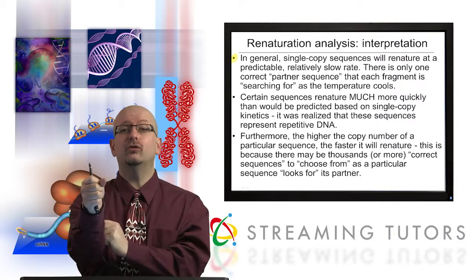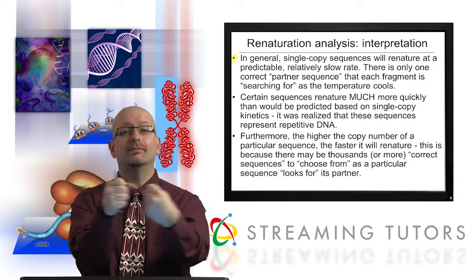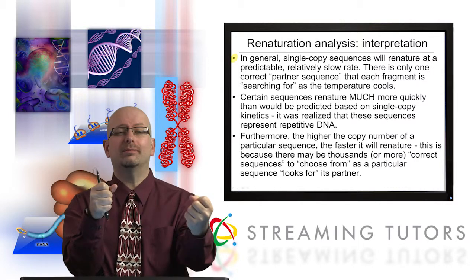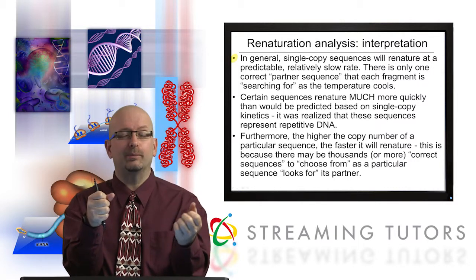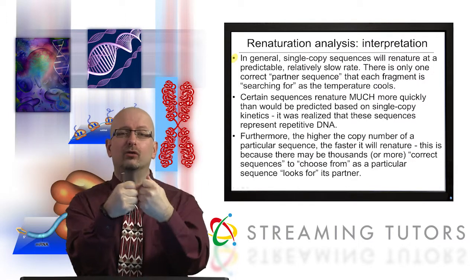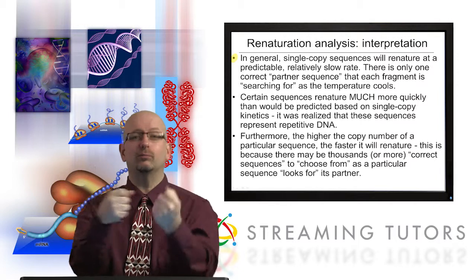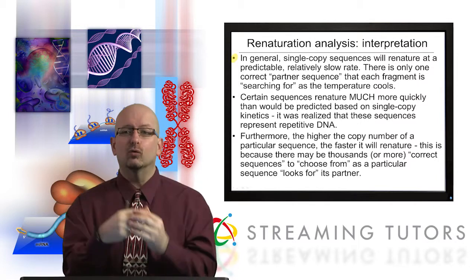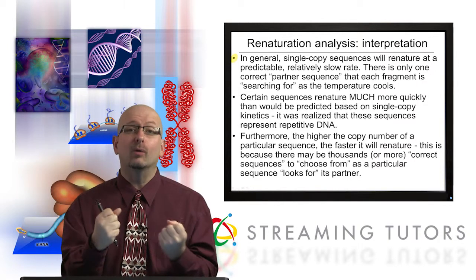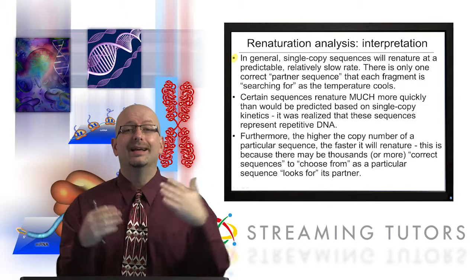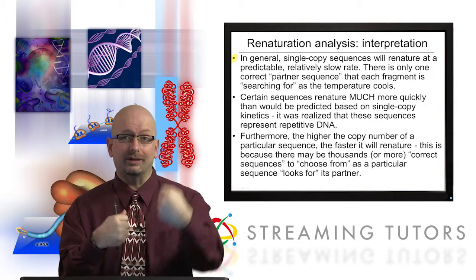We're thinking that here's a gene, and when it's going to find its complementary partner, out of all these, who knows how many, millions perhaps of pieces of DNA that are floating around, only one of them is its partner. So the kinetics of this is they sort of all just bump around randomly until they find their partner, and then they renature. So since there's only one correct partner sequence for single copy sequences, it's a slower process as they're trying to look for their partner.